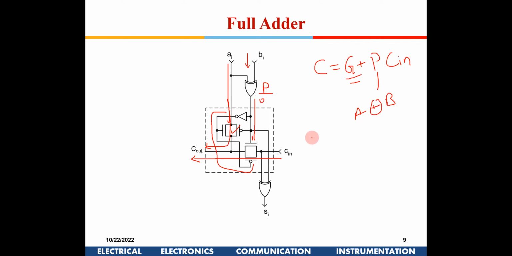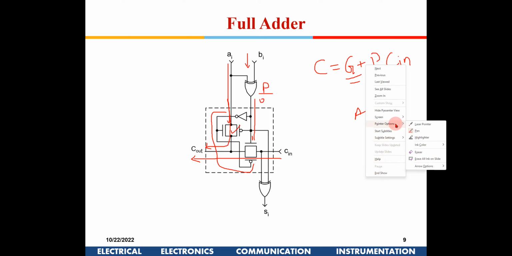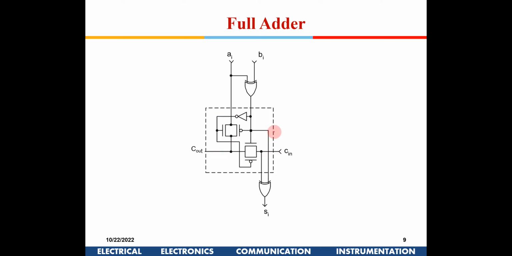So that means this generate part will come from this transistor, okay, so the generate path is this, and the propagate path is this. Correct? So that is how the carry will be generated.